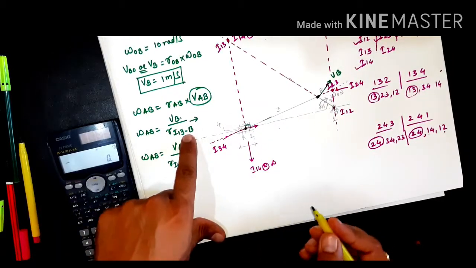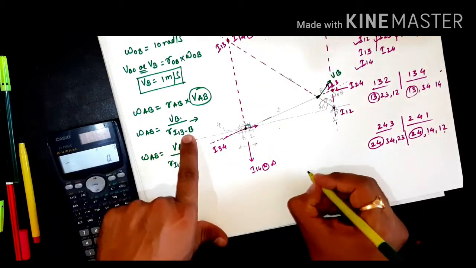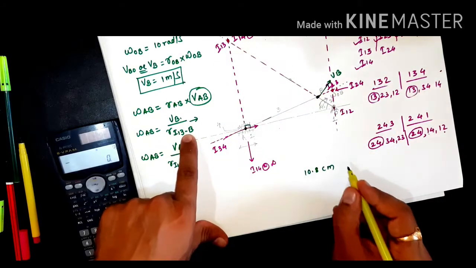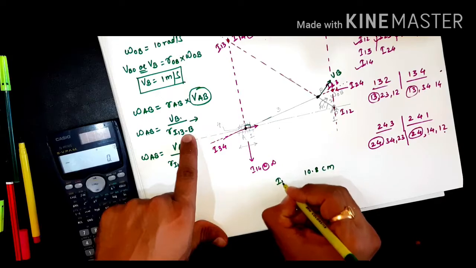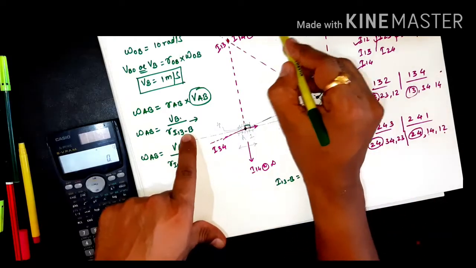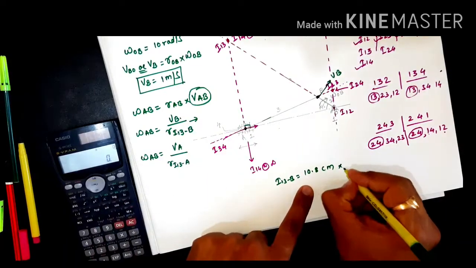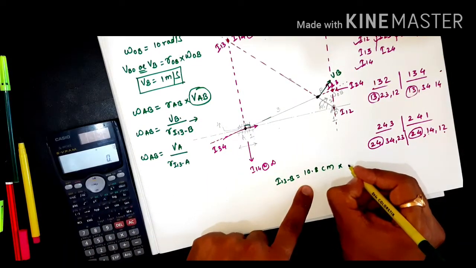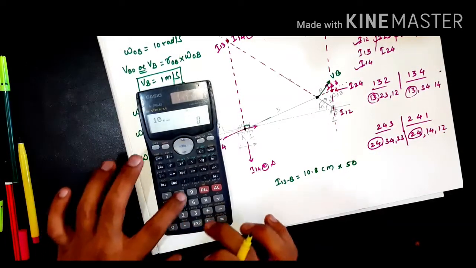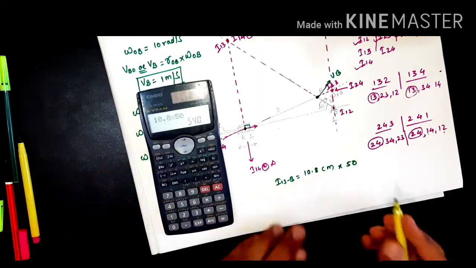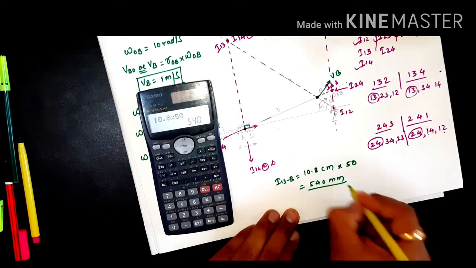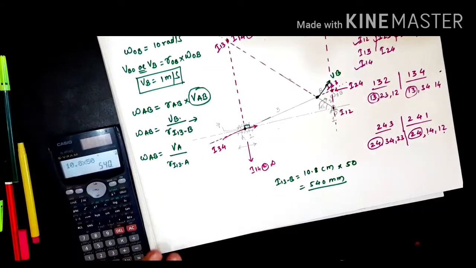Let me just show you how you can convert it now. 10.8 centimeter, this distance I13B, so this is 10.8 centimeter. 1 centimeter equals 50 mm, so you simply multiply it by 50. 10.8 into 50, you will get 540 mm.